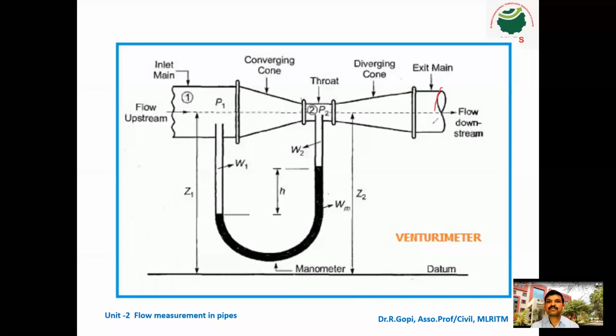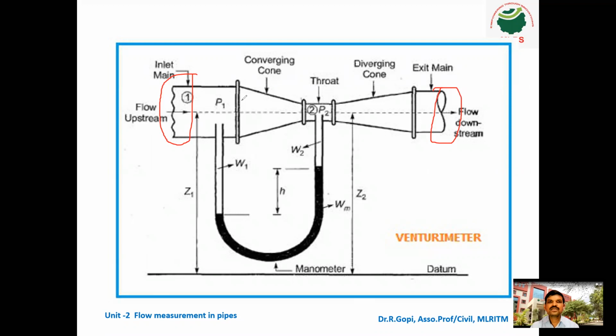This is the inlet pipe and this is the outlet pipe. See, water is moving from this direction. You can see a conical shape pipe here. This pipe is called the convergent cone, or converging part.